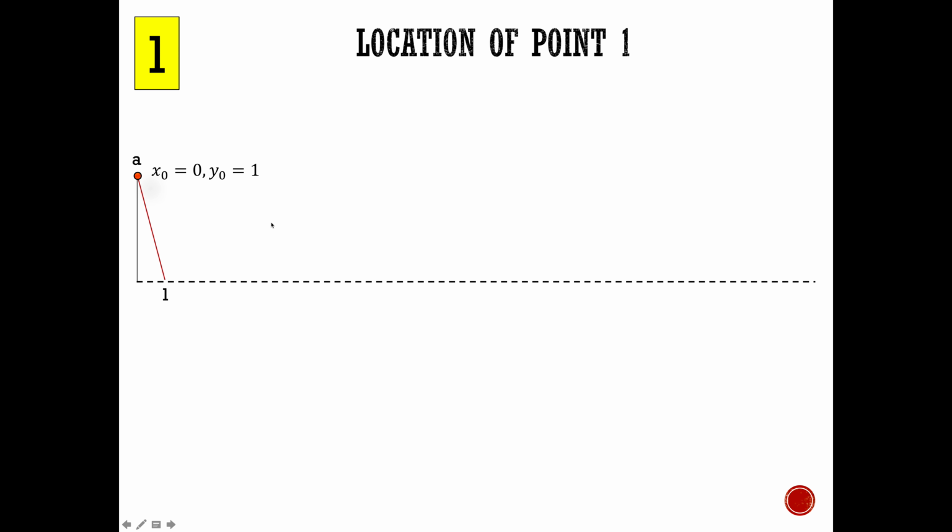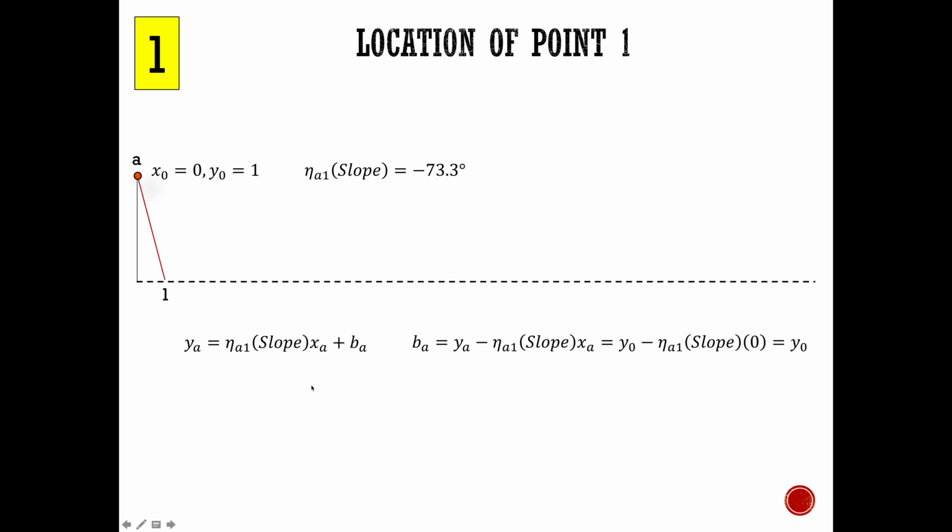Now, we found from the previous video and also in class that this slope is equal to minus 73.3 degrees, and I hope you can calculate the line from here. So we know the equation of the line, and the only issue is we need to find what b is.